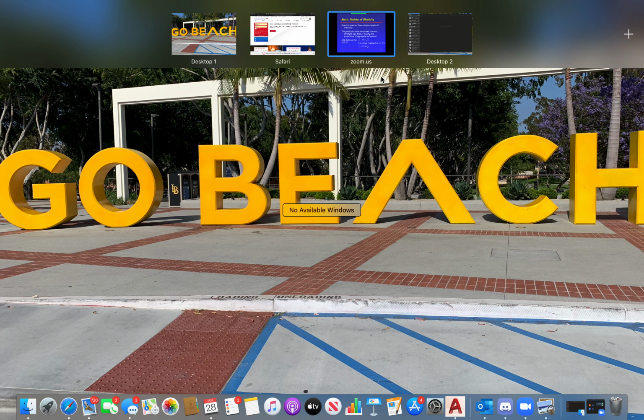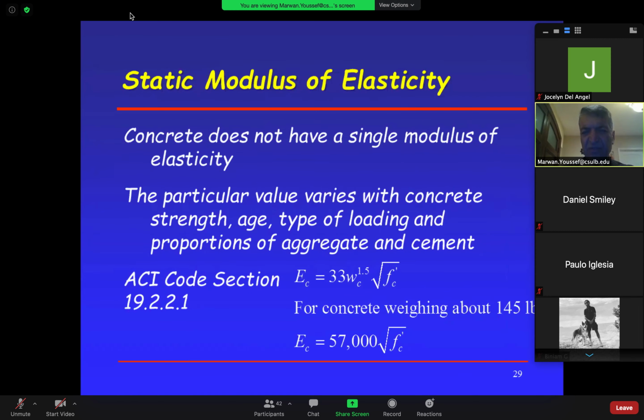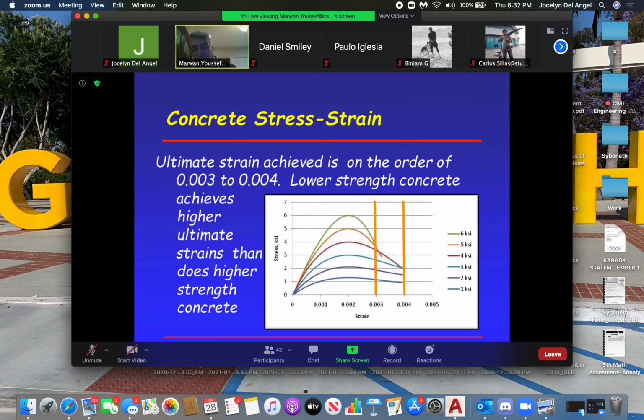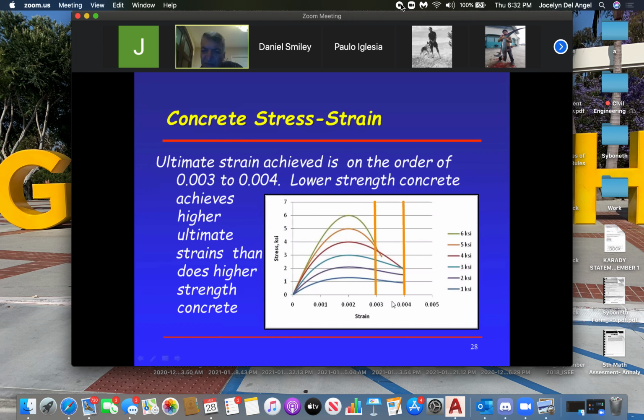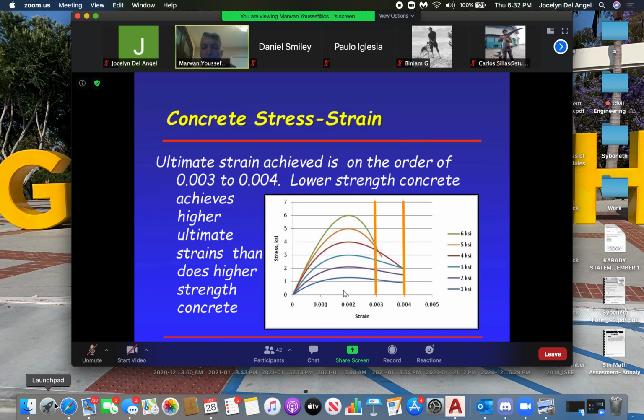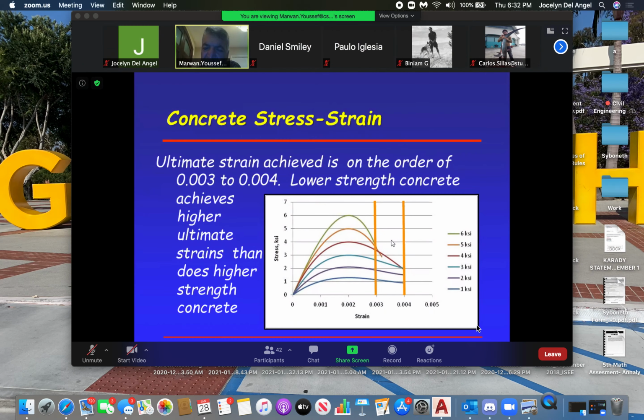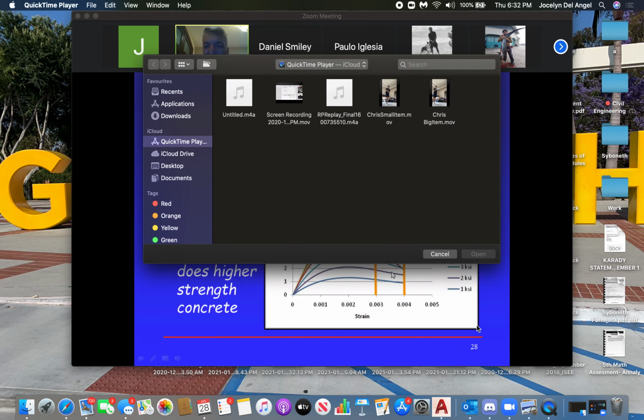Now, it doesn't mention it here, but you will see in design that we are going to take this point, and I will remind you when we get there. We're going to take that the concrete will break at 0.003. The rest of this we're going to have as a factor of safety.